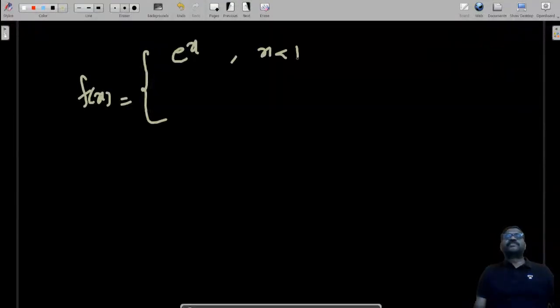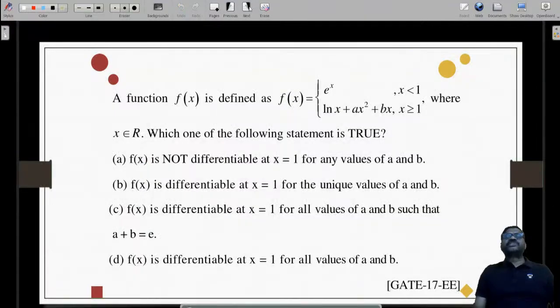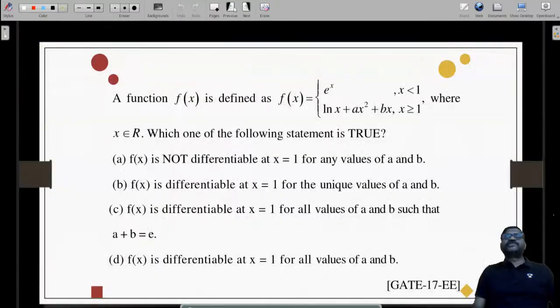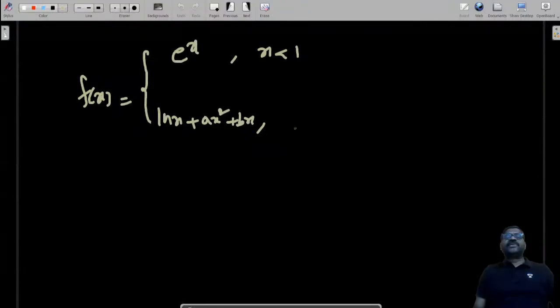Now, f of x is e power x when x less than 1, log x plus ax square plus bx when x greater than or equal to 1.